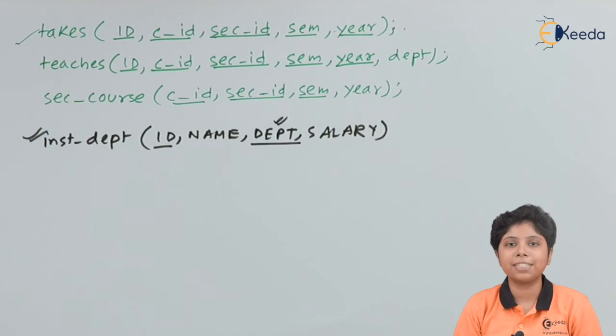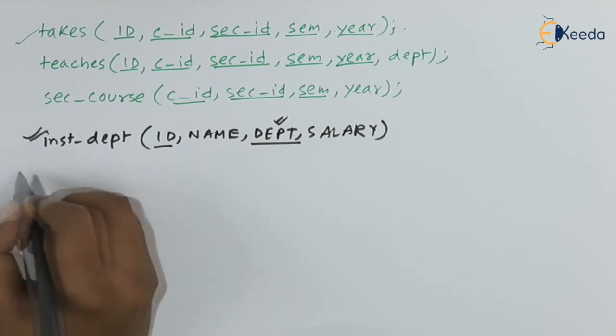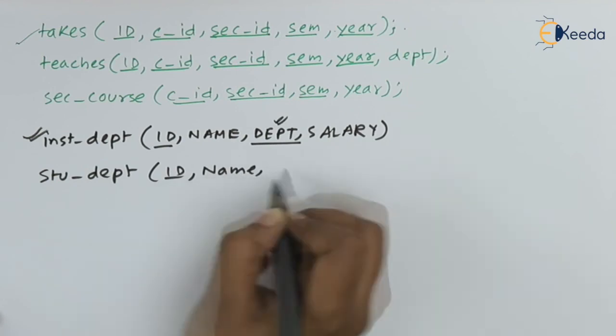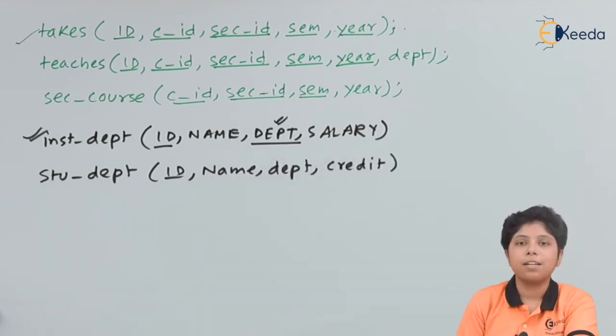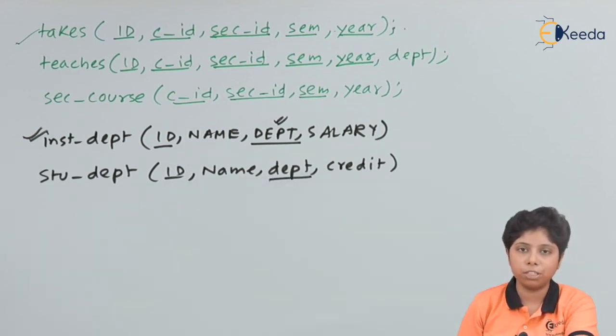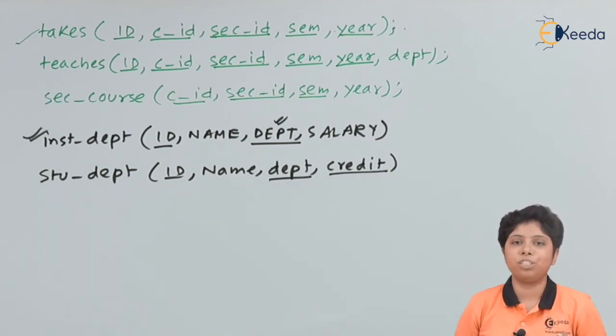Now more complexity arises when this type of joining is done. The student-department relation has ID, name and department, from which we can refer to the department, as well as the credit. Now the credit goes to which department?